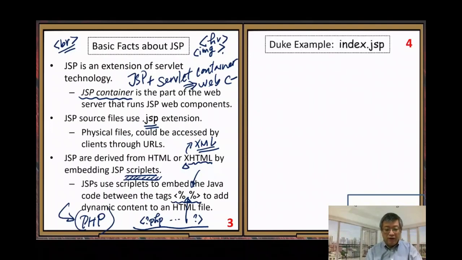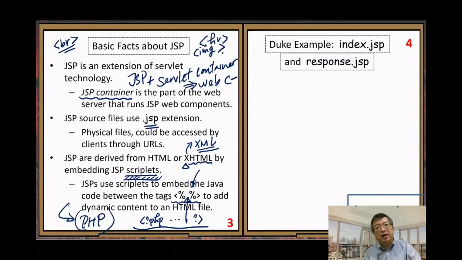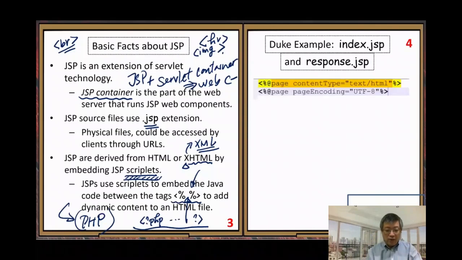Let me show you some of them. Here, I use two JSP files from our Duke example. I take three segments here. The first one, in the index.jsp, the first two lines: after the percent sign, you have an at symbol.